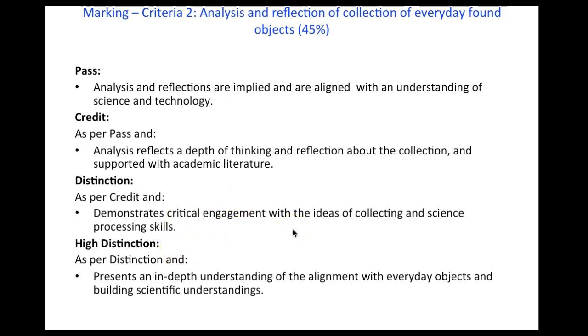A credit, you have to do that, and your analysis shows a depth of thinking and reflection about the collection and is supported with academic literature. A distinction, same as the 2 before, but demonstrates critical engagement with the ideas of collecting and science processing skills. A high distinction, you present an in-depth understanding of the alignment with everyday objects and building scientific understandings.